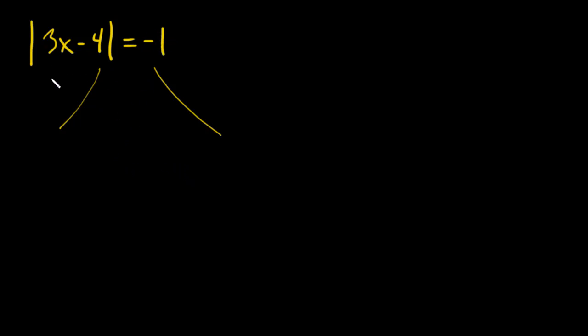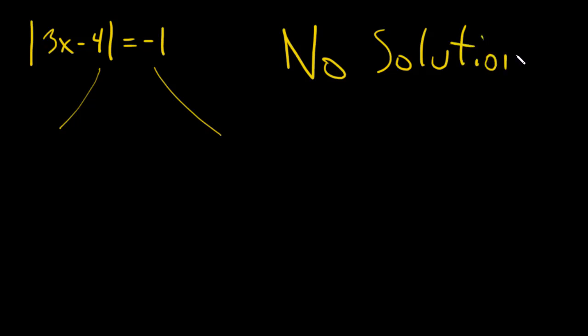Notice anything odd about this? The absolute value of this thing is equal to a negative number. The second you see that, it is no solution, because the absolute value can never yield something that's negative, ever.